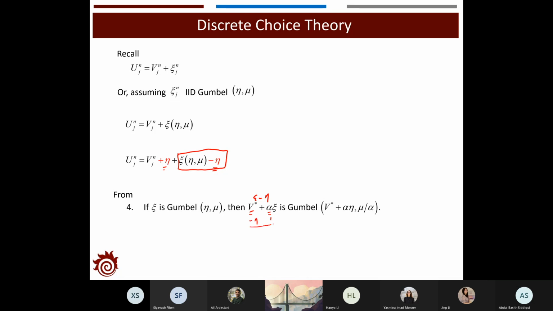If you put this assumption in the equation, you can quickly get the result that this term follows the Gumbel distribution with eta equal to 0, and we still keep the same mu value.